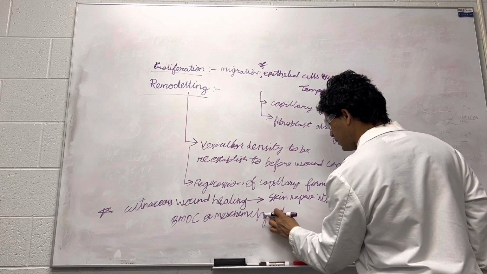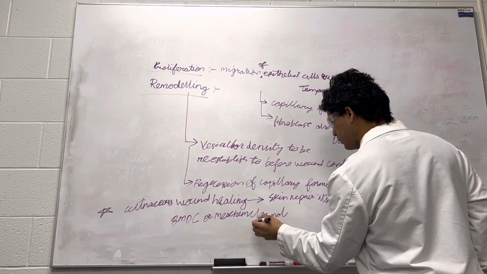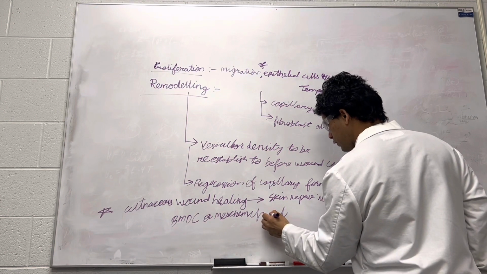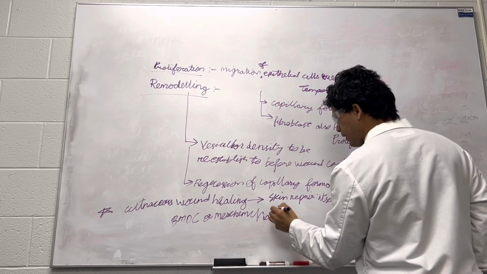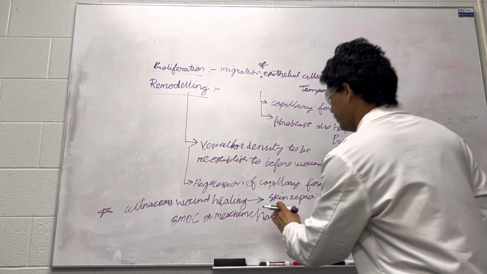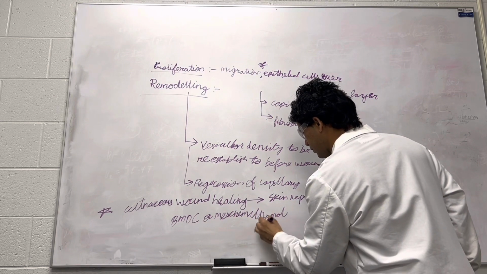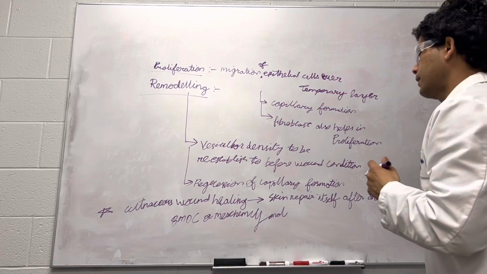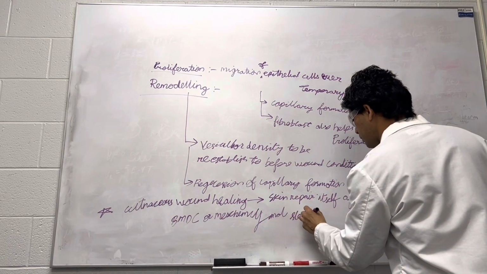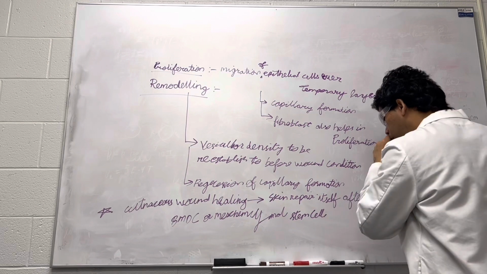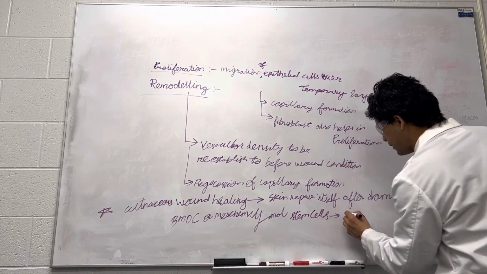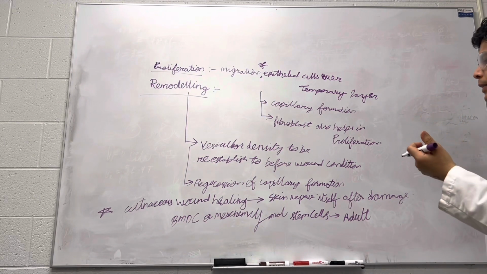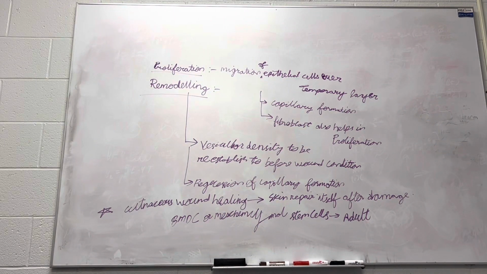Mesenchymal stem cells are adult stem cells that can be converted into various cells with the help of proper growth factors.